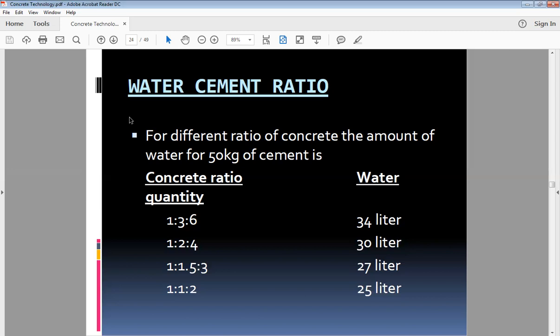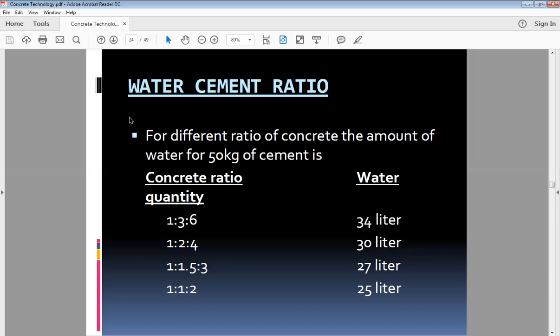One part means 50 kg of cement, and 3 means 3 into 50. So fine aggregates will be 50 into 3, which means 150 kg of fine aggregates. Again 6 into 50 gives 300 kg of coarse aggregates. In this way, we calculate the quantity of different material components.